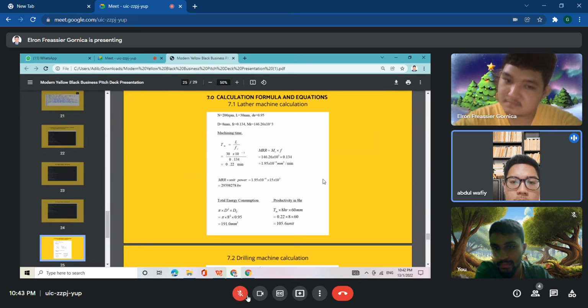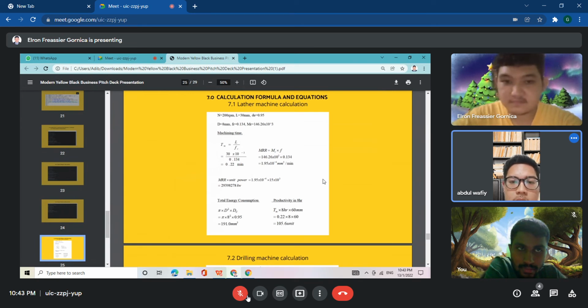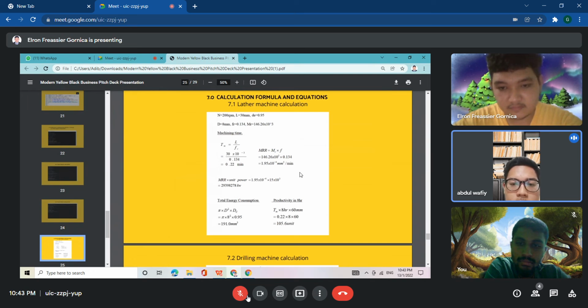For MRR multiplied by unit power, we get 293.98278 kilowatt. The next process is total energy consumption, equal to pi multiplied by d power of 2 multiplied by dc, equal to 191.0. For productivity in 8 hours, Tm multiplied by 8 hours multiplied by 60 millimeter, we get 105.6 unit.